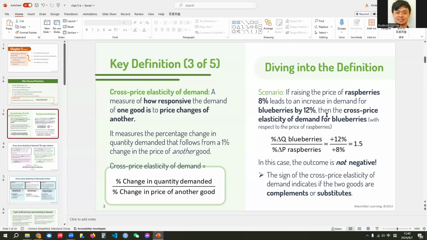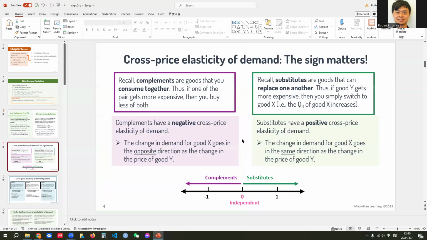So that's what we observe: the quantity consumed of blueberry increases. So for substitutes, the change is the opposite to the change of the good itself in response to the price change. Therefore, substitutes have a positive cross price elasticity. I hope this makes sense for you.